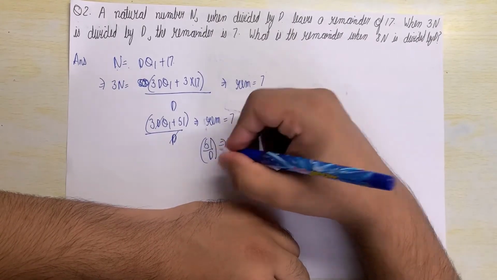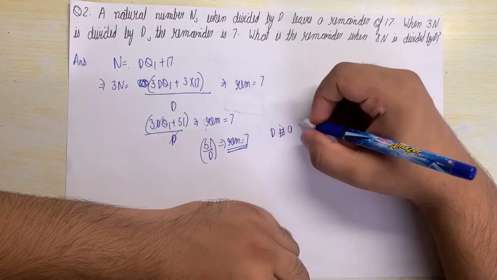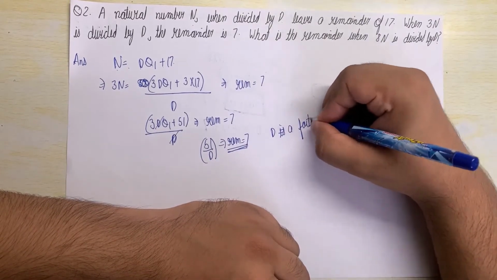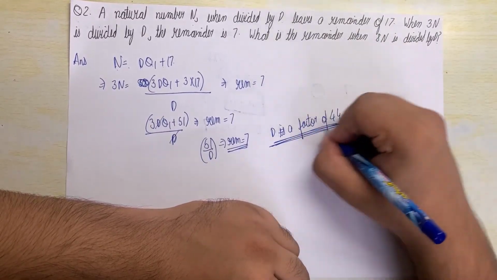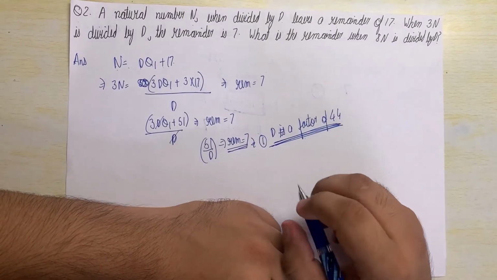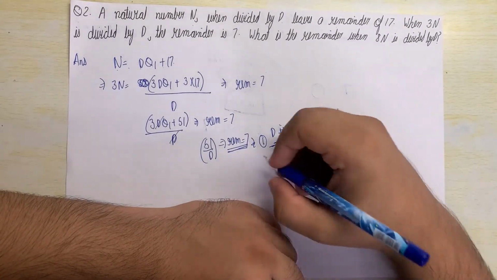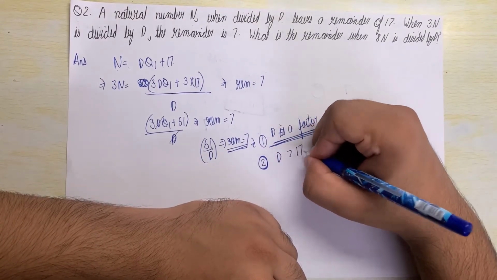This would essentially mean that d is a factor of 44, correct? This would be the first piece of information that we get from here. The second thing is very important. The second thing would be that d is greater than 17.